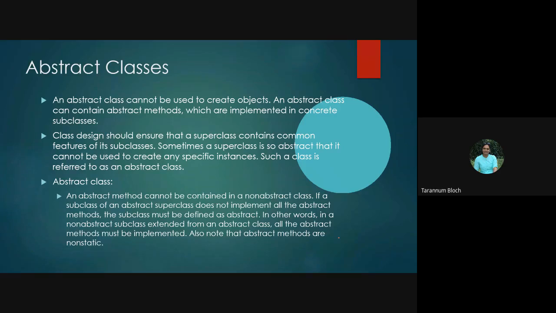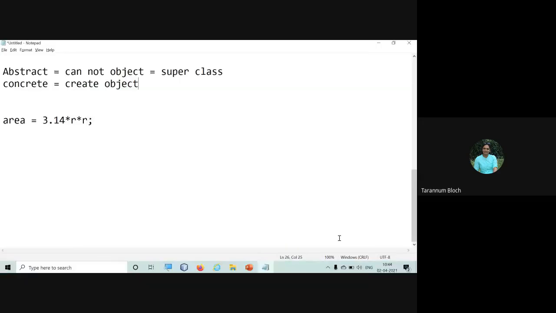Right? Now, why do we do so? Sometimes when you design a software, you don't know to what extent this class will get extended, like what all new features will come. I'm giving you a very simple example.